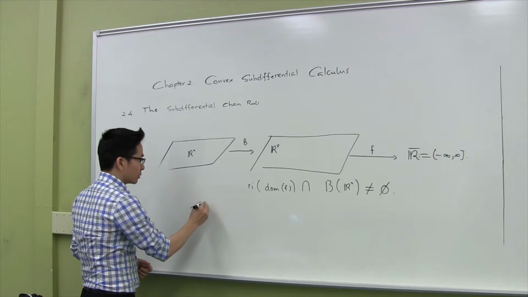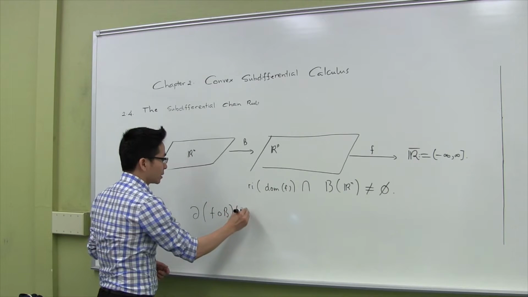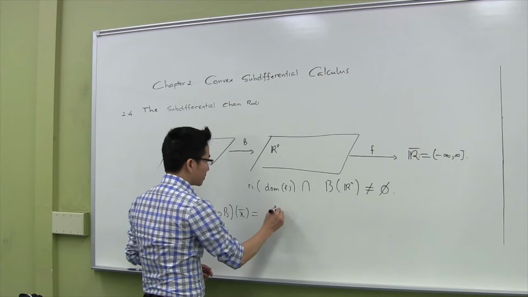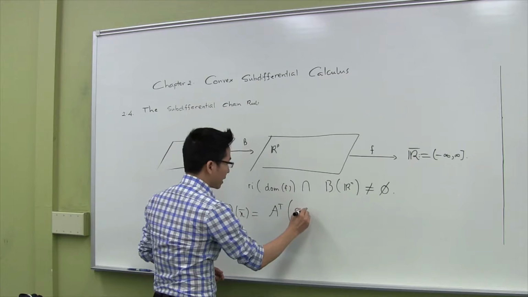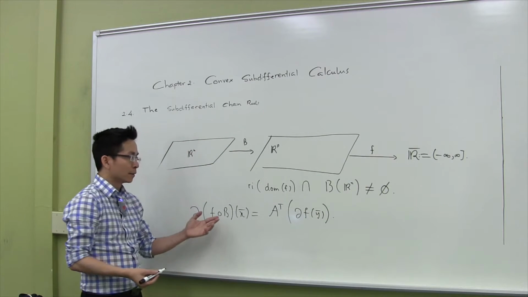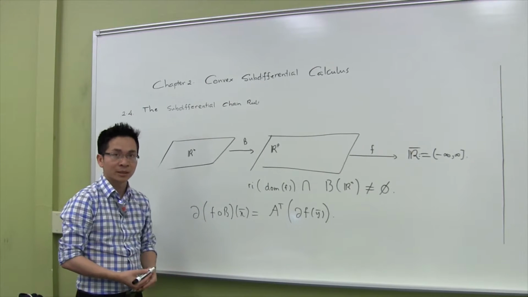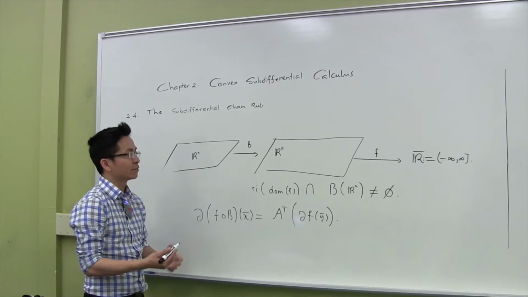The subdifferential of the composition of f and b at x bar is equal to the transpose of A of the subdifferential of f at y bar. Over here, we use the same setting as the previous proposition. So let me go ahead and write out the theorem and give the detailed proof.